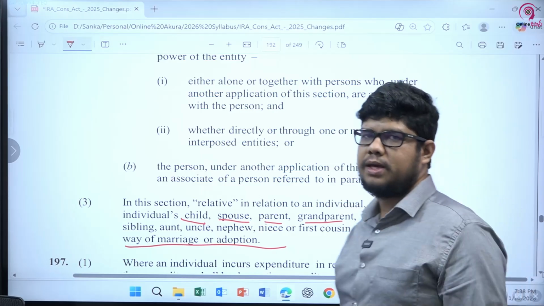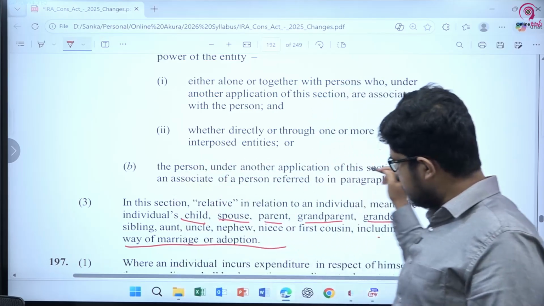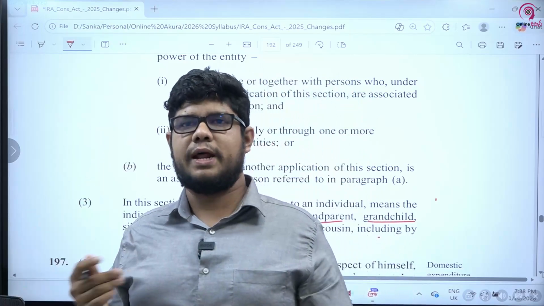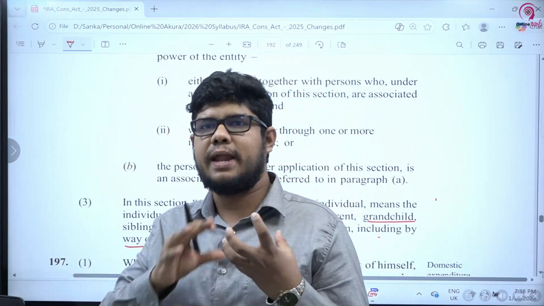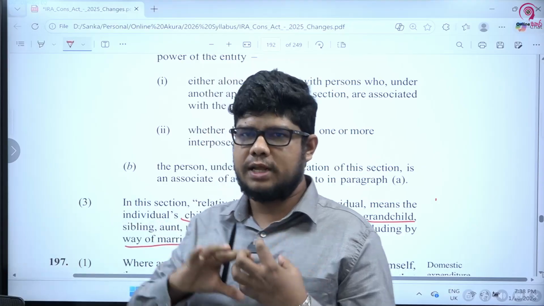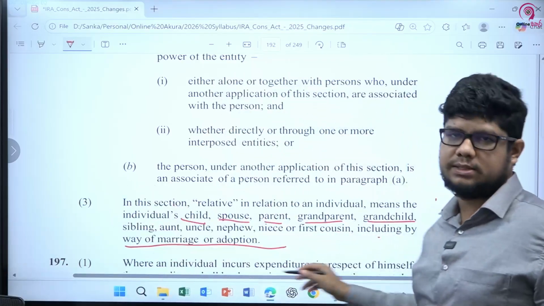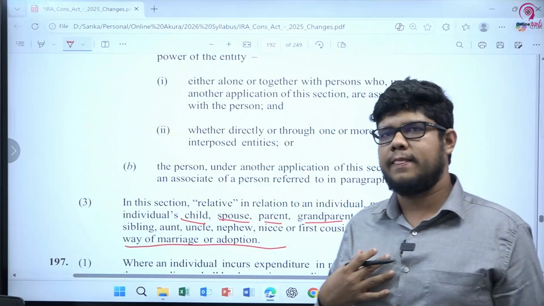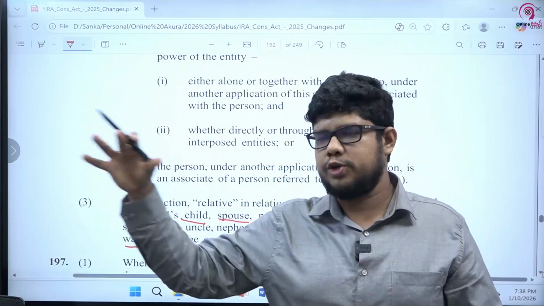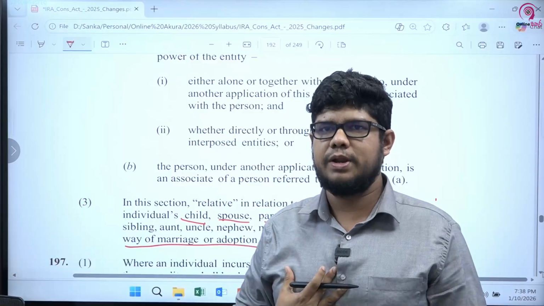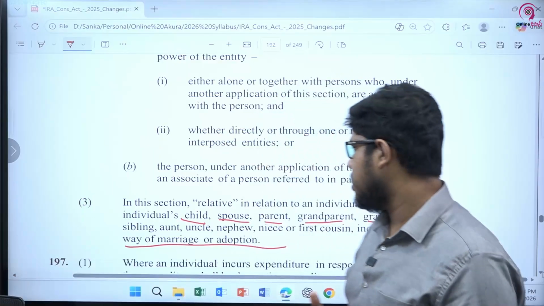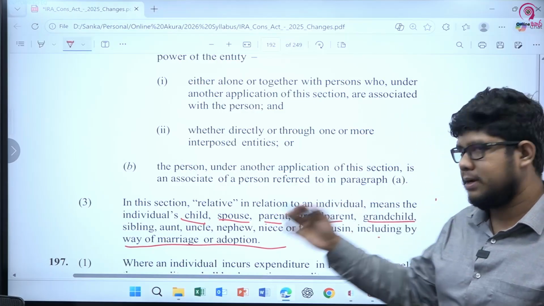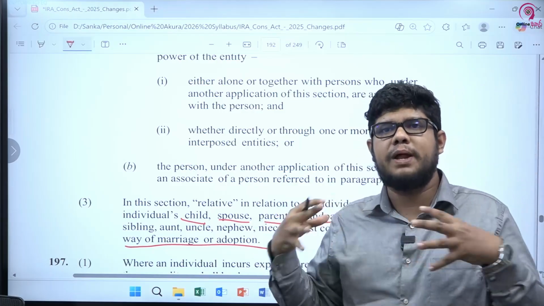In whatever way, as far as the individual is concerned and the associate term is there, that means these relations. So if the employer provides a benefit to my child, that is a benefit for the employee. If the employer provides a benefit to my parents, that's because of my employment relationship.